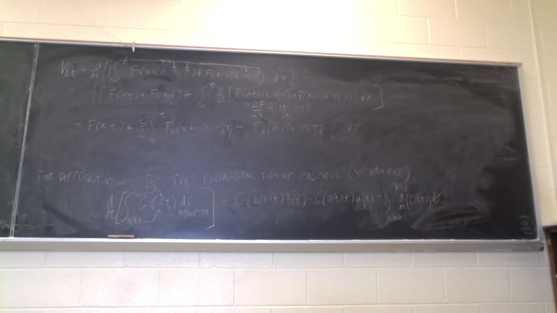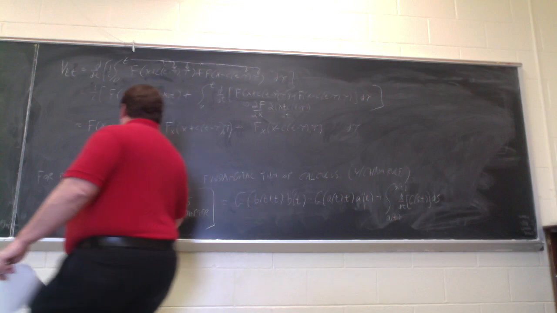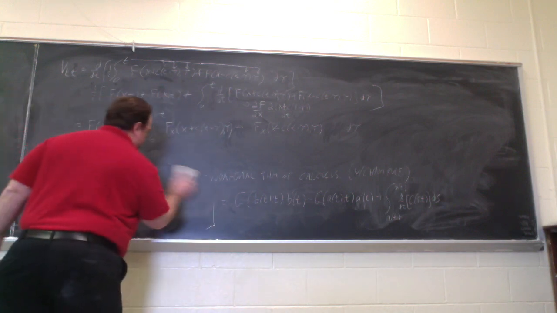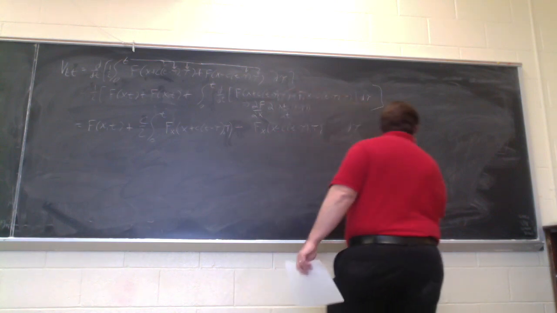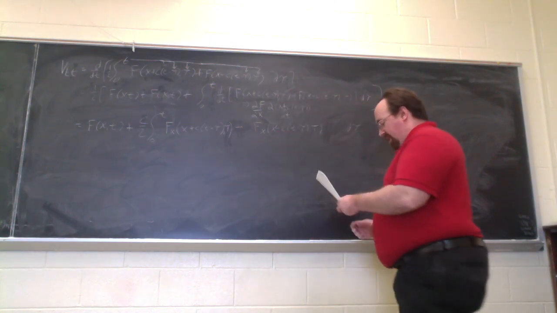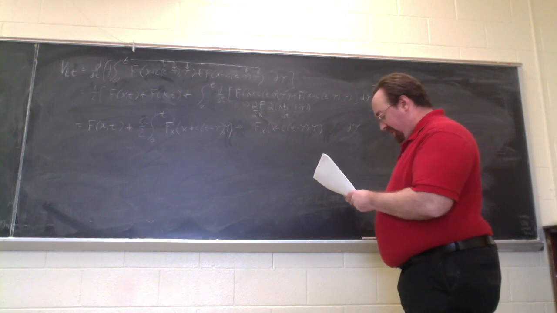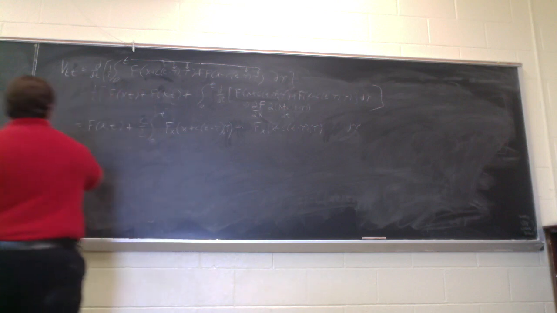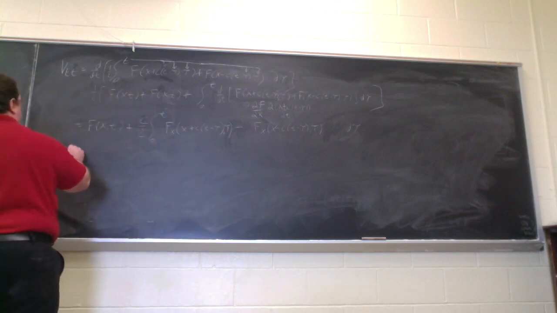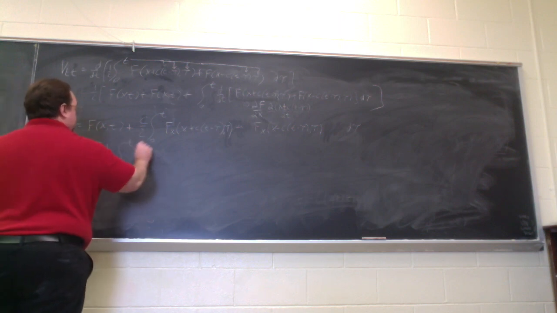Now we need to go back to the original expression for v and take derivatives with respect to x, but that's not quite as nasty as what we had before. So dv dx is the partial with respect to x of this whole thing.